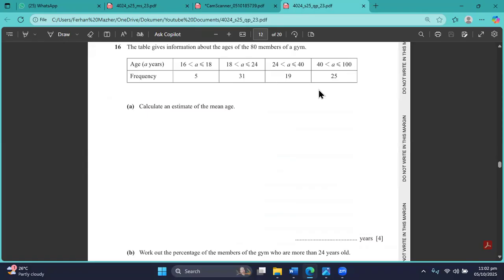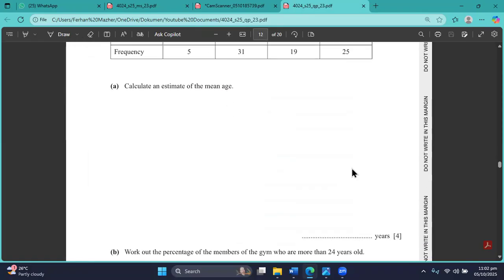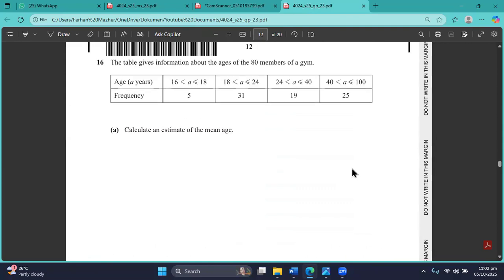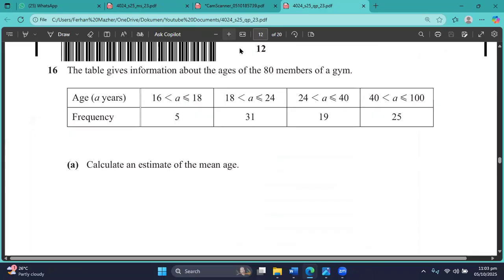Next is question number 16 on your screen. Question 16, part A is a 4 marks question. He says, estimate the mean of the ages. First of all, I will find the mid value of each class. How do you find the mid values?